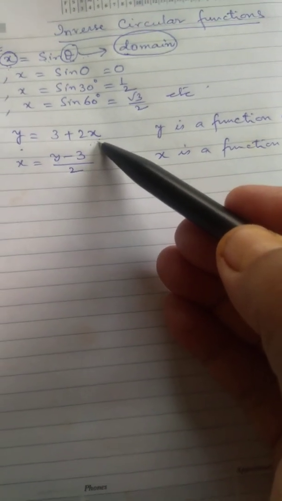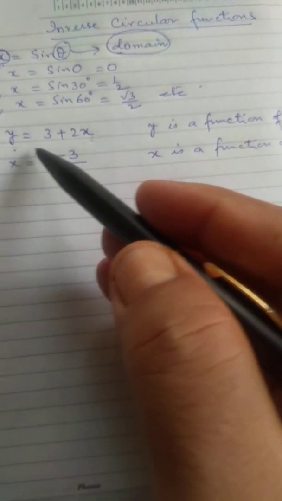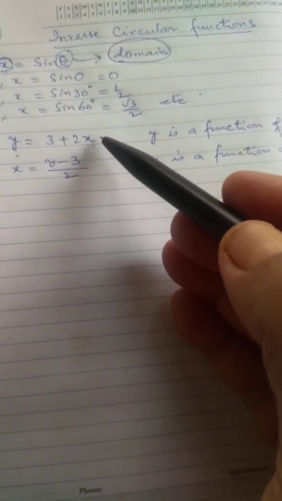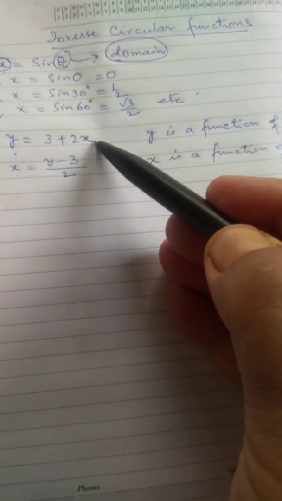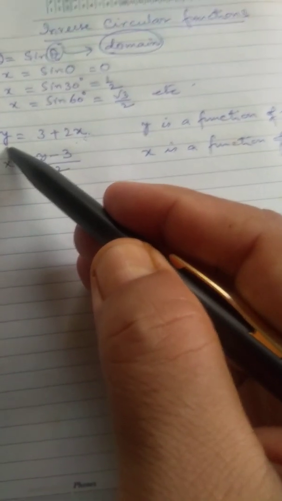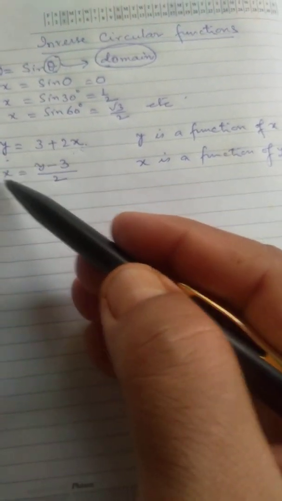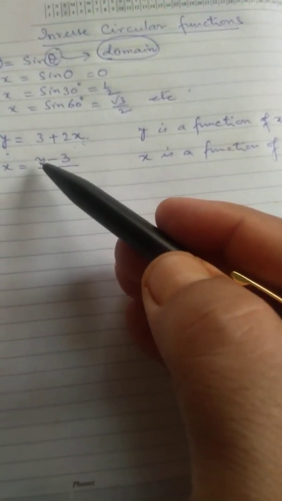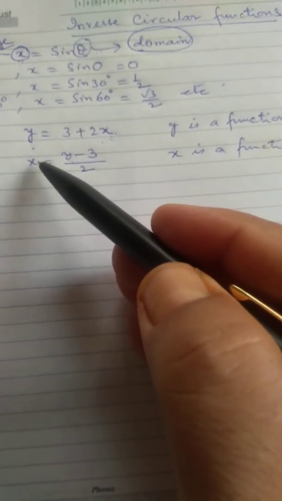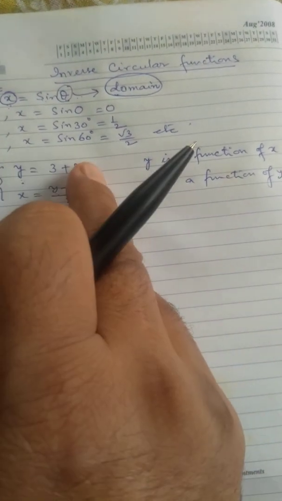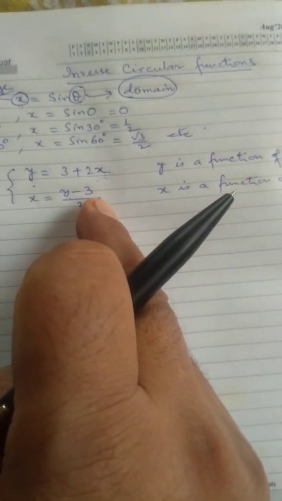X is the domain. So, whenever a function is given to you, you are able to choose the value of domain so that you will get the value of range. Here, in this, you will be able to take the value of y only, not the value of x, because here x is expressed in terms of y. So in case of algebra, it is easier for us to express y in terms of x as well as x in terms of y.